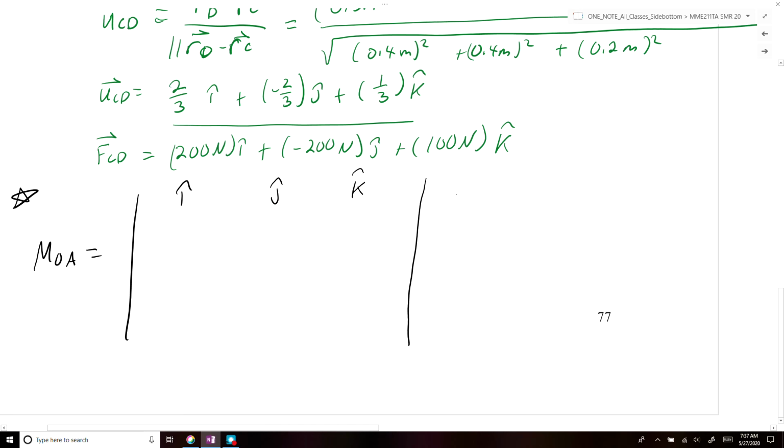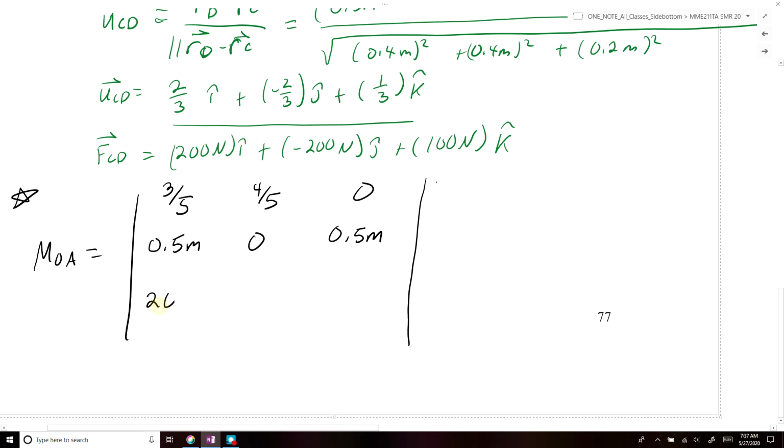The first row will be our unit vector from point O to point A: 3/5 along the x-axis, 4/5 along the y-axis, and 0 along the z-axis. The second row is our position vector from point O to point D: 0.5 meters, 0, and 0.5 meters. And the last row is our force: 200 newtons, minus 200 newtons, and then 100 newtons.